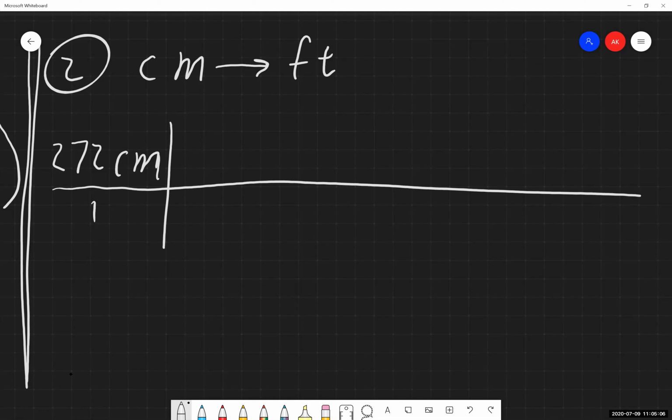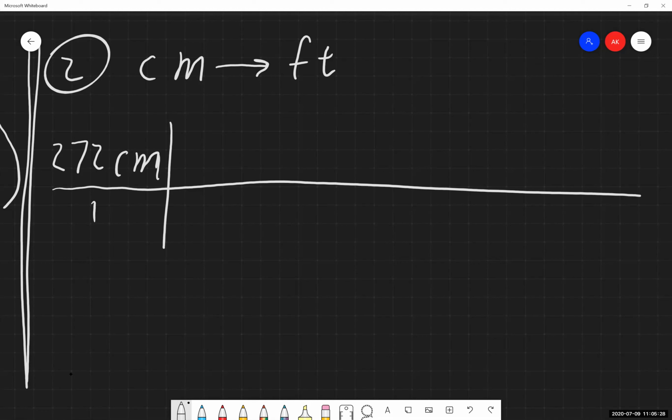I could convert centimeters into inches, and then somewhere else on the page, I find a conversion between inches and feet. So I can go from centimeters to inches, and then inches to feet, and then I can calculate my answer. That's the general game plan for this one.